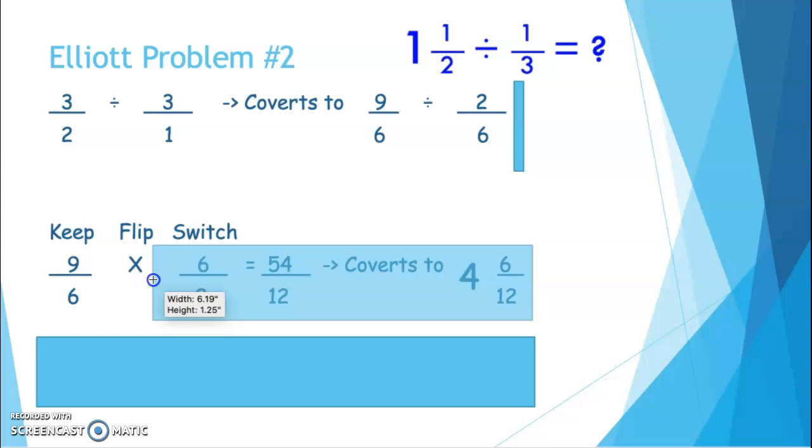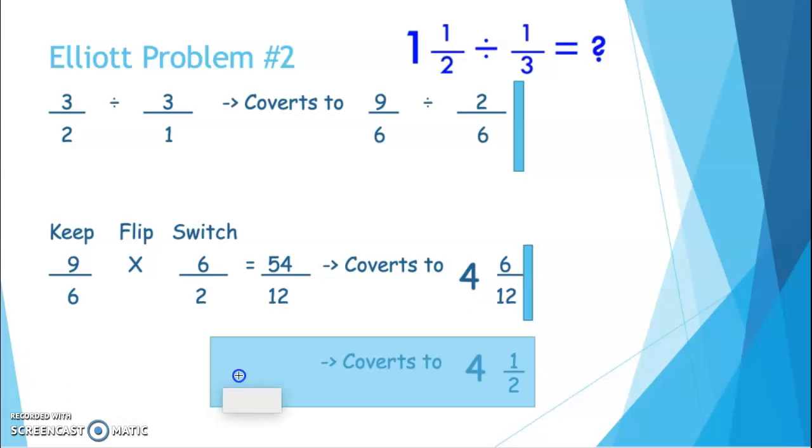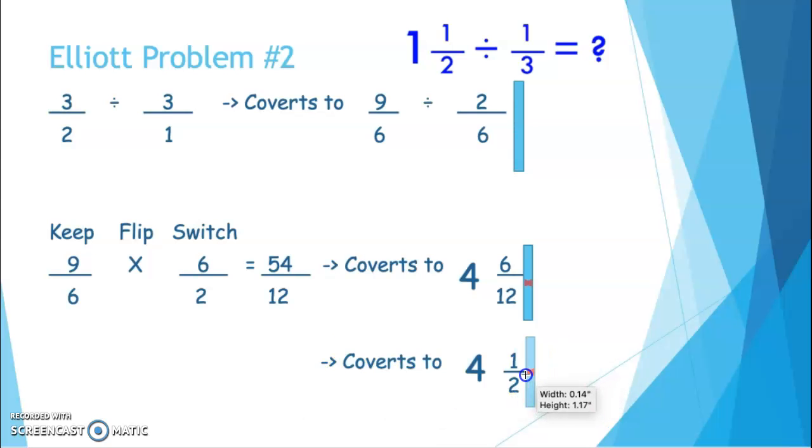We're going to flip it times. We're going to switch it. Put the denominator on top and the numerator switches to the bottom, the denominator space. So what's our new calculation? 54/12, and that converts to 4 6/12. And if we keep going, that converts to 4.5.